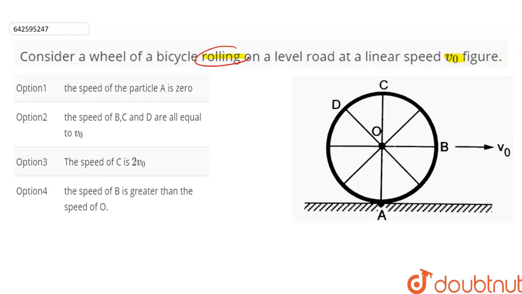So since this is a rolling motion, the velocity at the point of contact, that is A, is 0. Therefore option 1 is correct. And since the velocity at A is 0, and in this pure rolling motion, we can assume that point A is an instantaneous center of rotation.